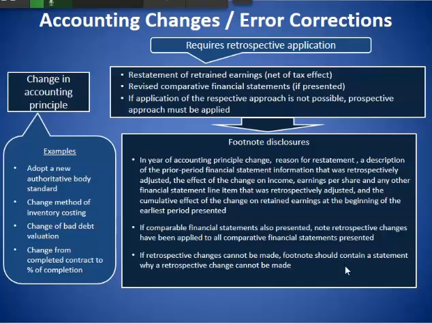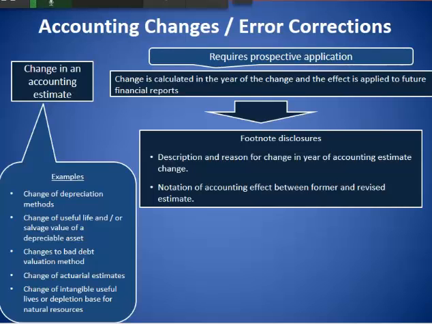So now that was a change in accounting principle. Let's take a look at our next item, which is change in an accounting estimate. Again, a change in accounting estimate, as I'd mentioned, results typically from new information. It results in a reassessment of the future status of the benefits and obligations associated with assets and liabilities.